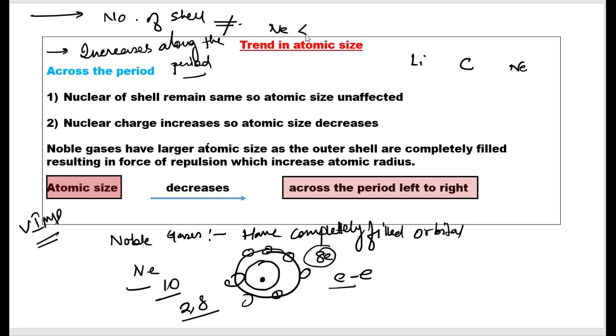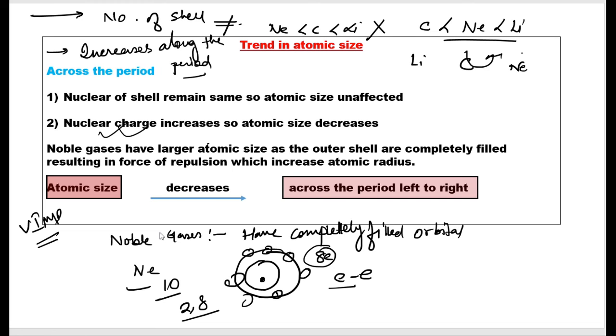So neon, carbon, lithium. This is wrong. It will be carbon, neon, lithium. Why not neon ahead of lithium? Because then this factor will dominate over the repulsion factor.